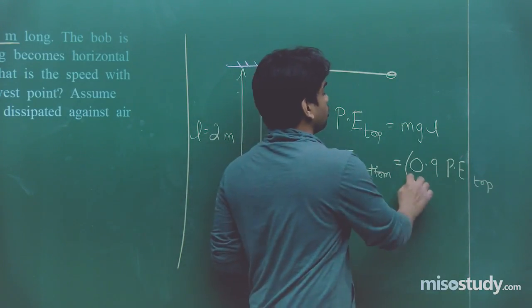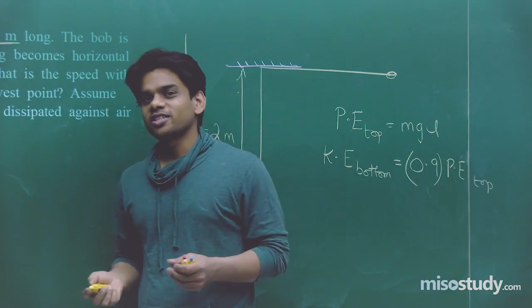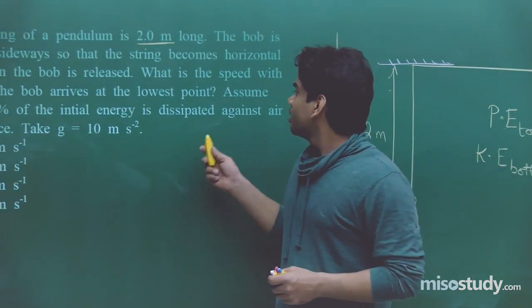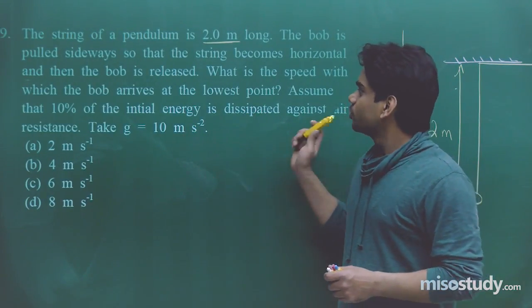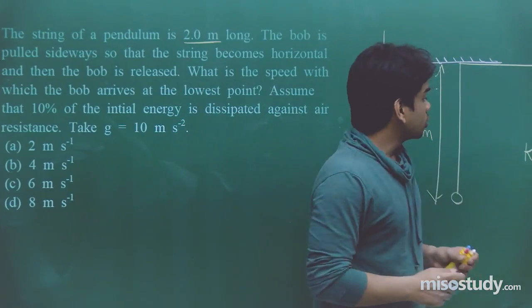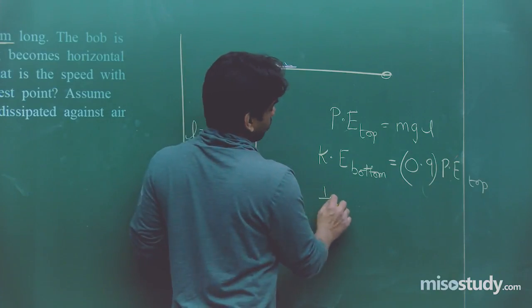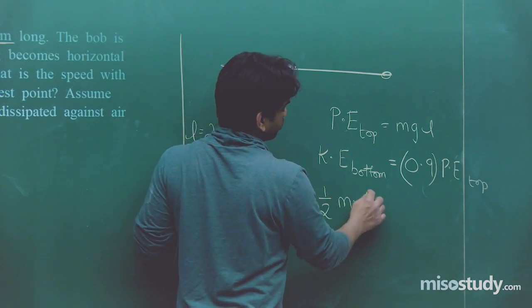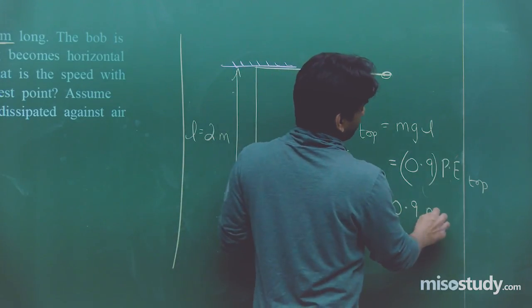Because 0.1 times is lost, 0.9 of potential energy will be left with it. We need to find out the speed with which the bob arrives at the lowest point. So if the speed possessed here is v, then half mv square will be equal to 0.9 times of mgl.